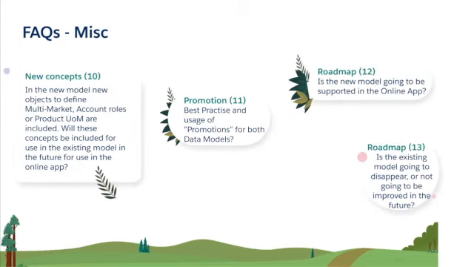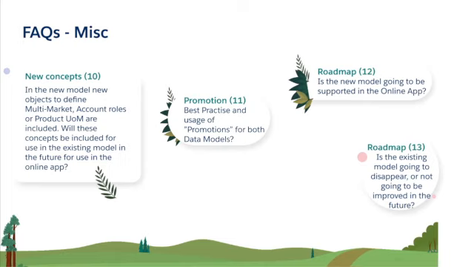And the last bunch of questions, so number 10 is mixed across multiple areas. So in the new model, there are new objects to define sales org, account role, or multi-market concepts. Will this concept be included in the existing model in the future and in the online application?